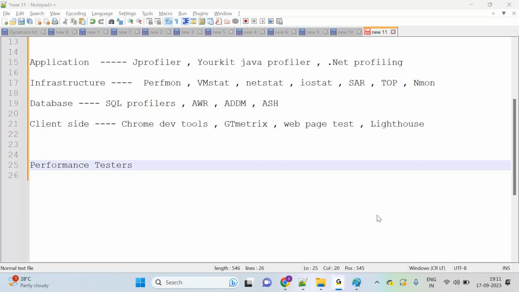APM tools can sustain in the market only if they have that compatibility. AppDynamics also has a good reputation because of its compatibility with technologies and trends. Even on observability, AppDynamics has observability capability in recent releases, and they are working on improving it.